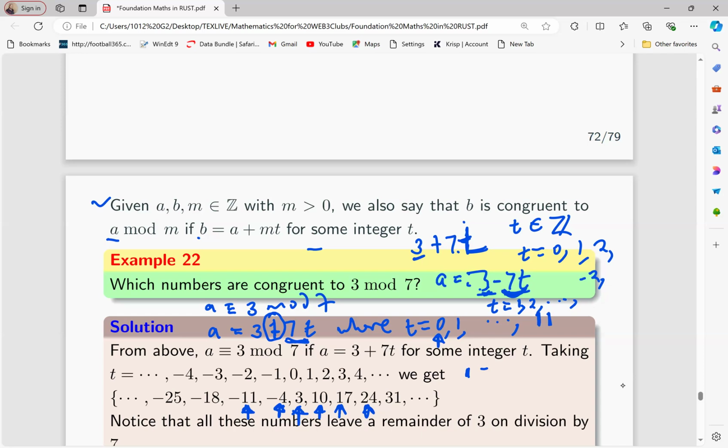If I want the negative values, I change the sign here first, and my t now ranges from 1 onwards, not from 0. Because when you put 0 here, you have a 3 which you already have. So we begin from 1 to get the other values, the negative values.